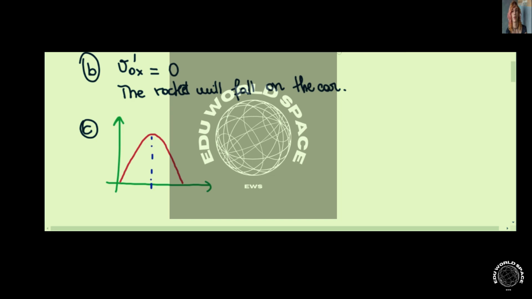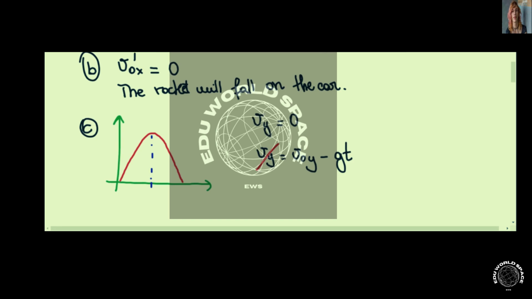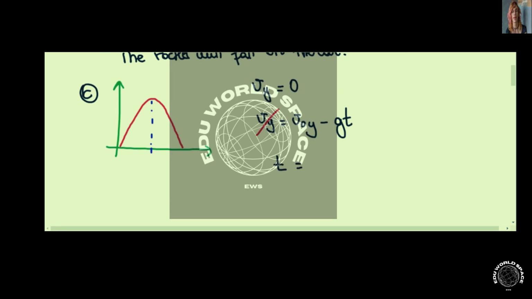So notice that at the highest point of the trajectory, vy is equal to 0. And we know that vy is equal to v0y minus gt. This is just the uniformly accelerated formula for the velocity. At the height of the trajectory, vy is 0, so at the height, the time t is v0y divided by g.